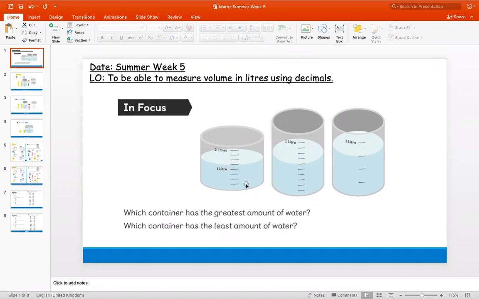Now, if we were to change this and go back to 1, rather than this one being 25, if we change that to a decimal, what would your number be? It would be 0.25. That's all I'm going to say to help you. Now I'd like you to continue and work out which container has the greatest amount and which container has the least amount of water.